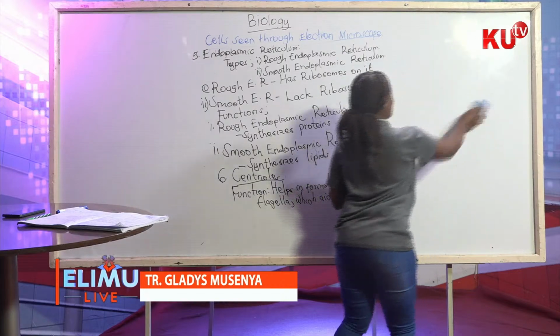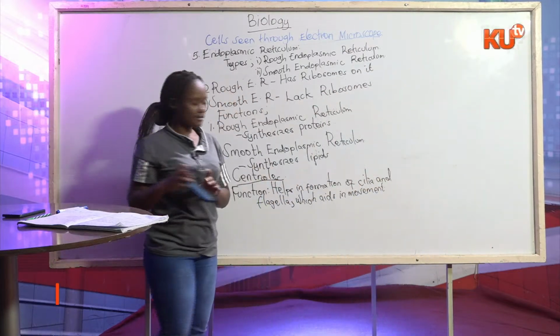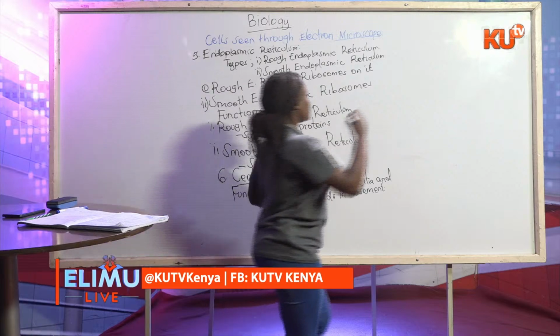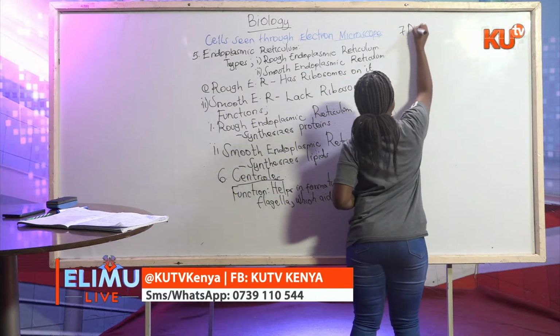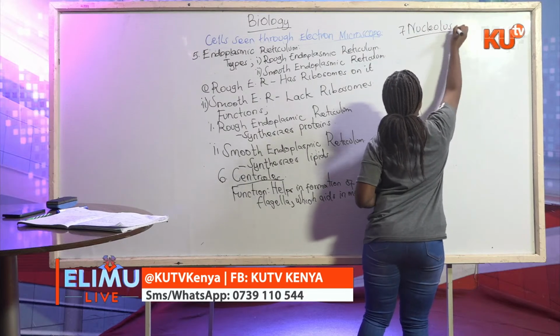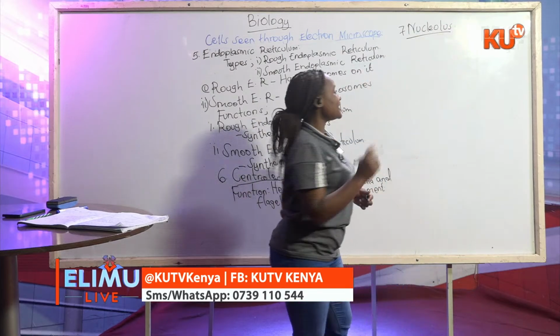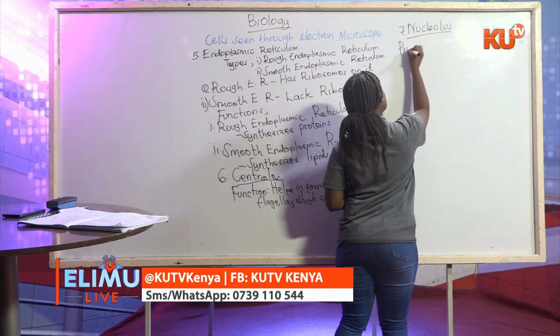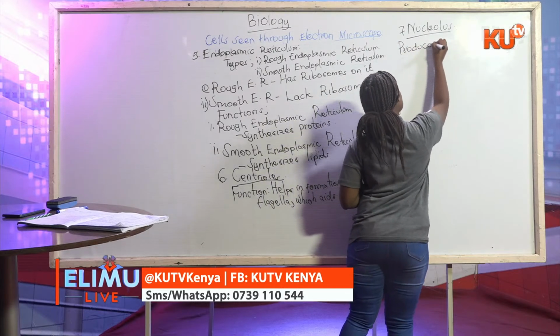Now we go to our seventh organelle, the nucleolus. So the nucleolus, it produces ribosomes.